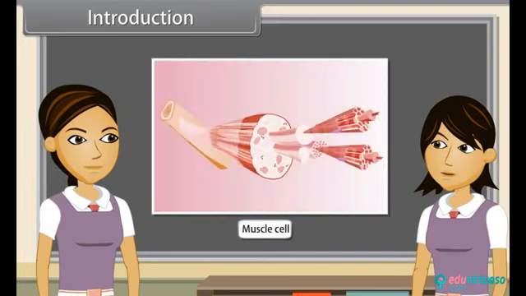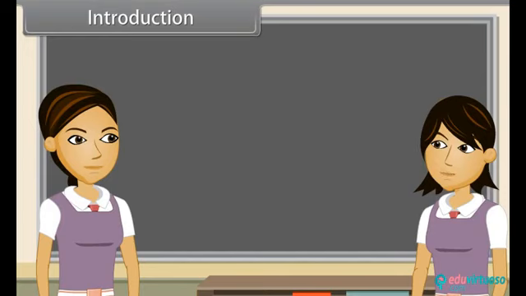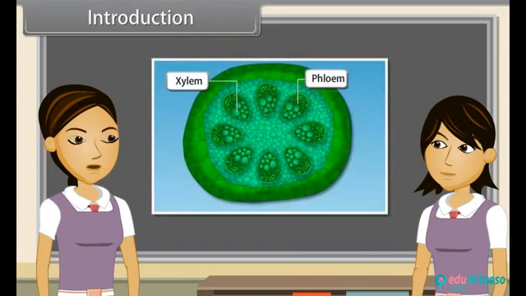Muscle cells contract and relax so that movements are caused. Blood flows to transport oxygen, food, hormones, and waste materials. Plants are also living organisms, and xylem and phloem cells conduct food and water from one part to another.